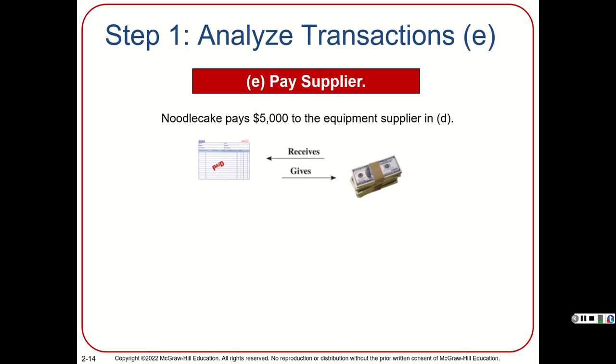This next example that we have, the company is buying $5,000 of equipment from an equipment supplier. So they are giving cash in receipt for the equipment. So they have the document that says that they bought this equipment for $5,000.